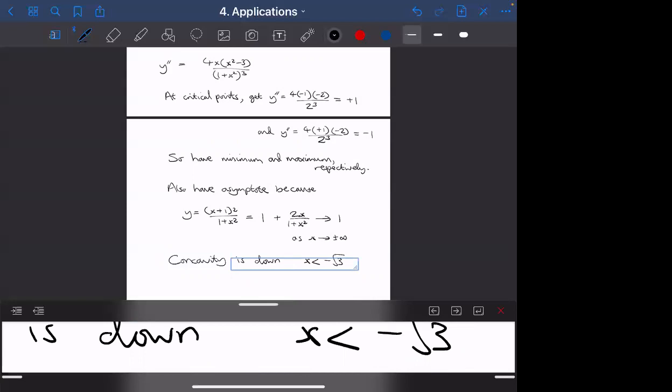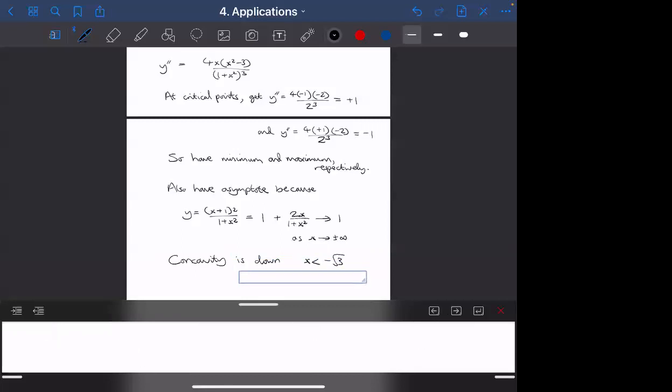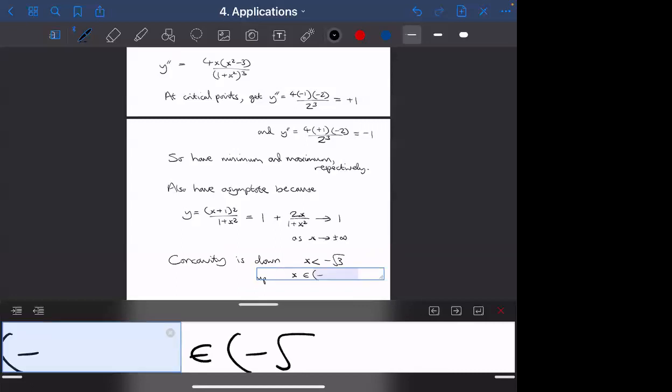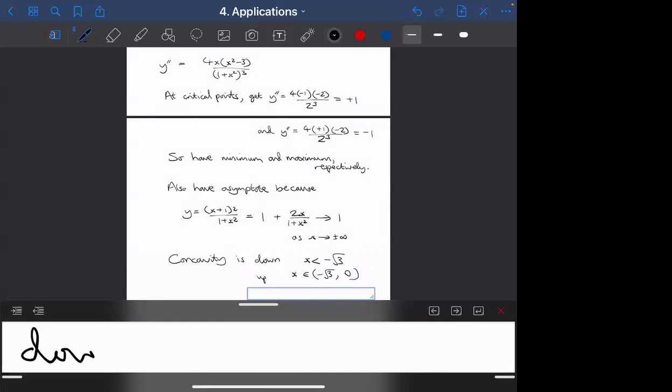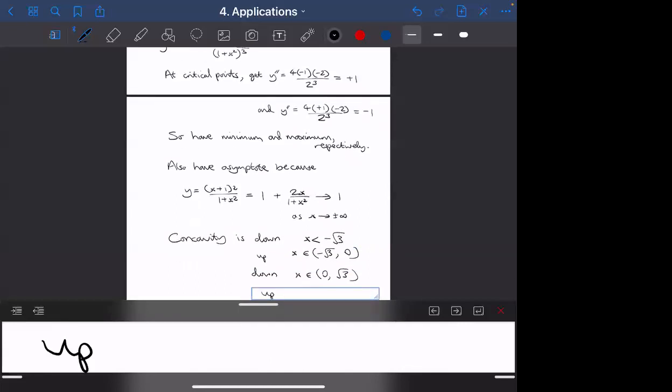Okay, I might have to check this because it's confusing. Yes. So in that case, x is negative and x squared minus 3 is positive. But it's up for x in this interval, and then it's down again for x in this interval, and then up again for x greater than square root of 3.